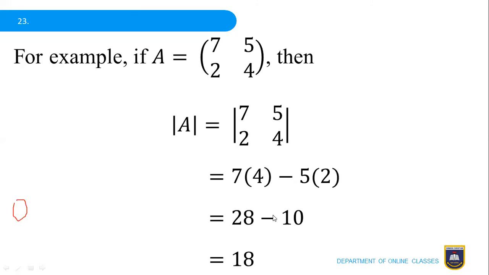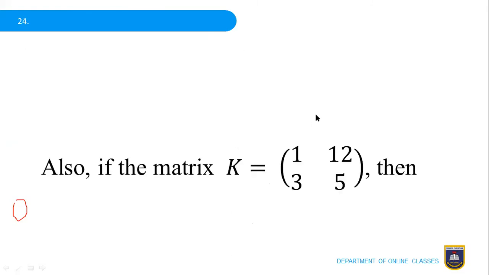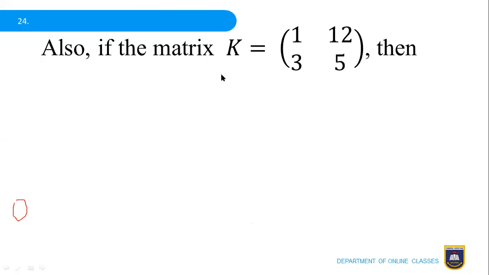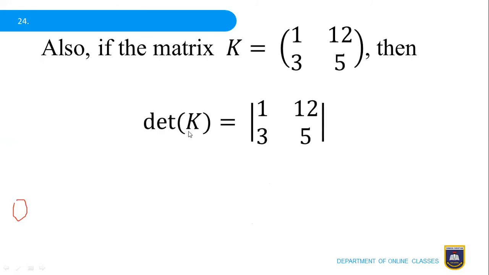Yes, sir. But take note, your determinant could also be a negative value. It's not always a positive value, depending on the given values. Okay, let's take another one. If the matrix K equals 1, 12, 3, 5, then det K, the determinant of K, will be equal to the determinant of 1, 12, 3, 5.